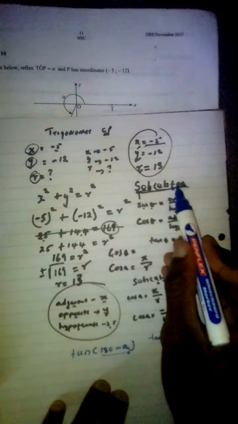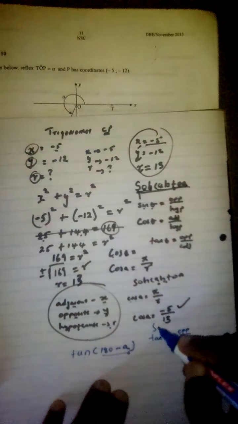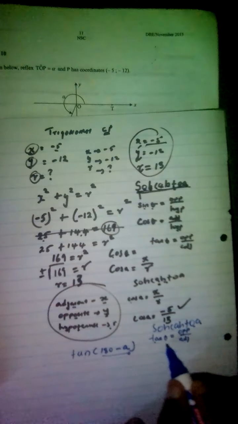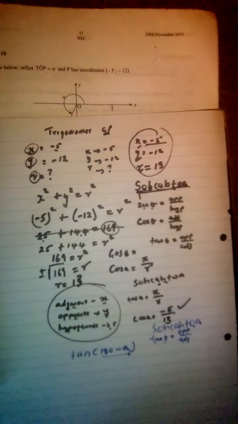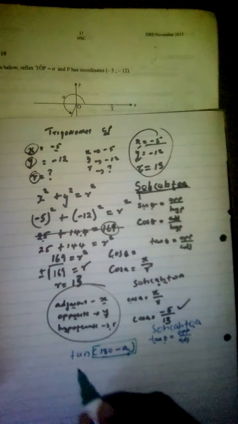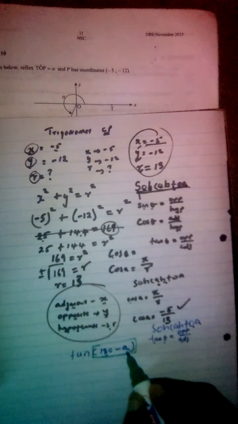Tan is opposite over adjacent. So we say tan of an angle is opposite over adjacent. But if you look here, we have what we call 180 minus alpha. So it's tan of 180 minus alpha, 180 minus a certain angle.